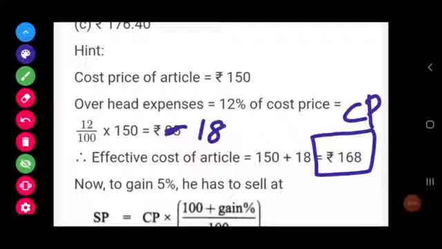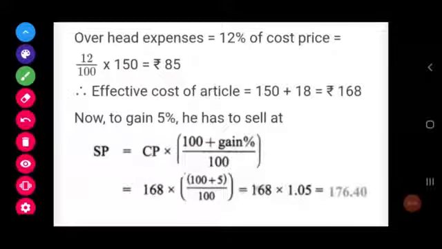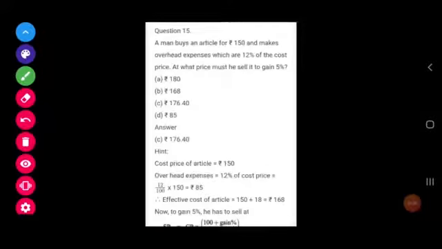So we have now CP and gain percentage. So simple formula, SP equal to CP into 100 plus gain percentage divided by 100. So 168 into 100 plus 5, 105 divided by 100. If you are simplifying, our answer will be 176.40. So option C is the correct answer.